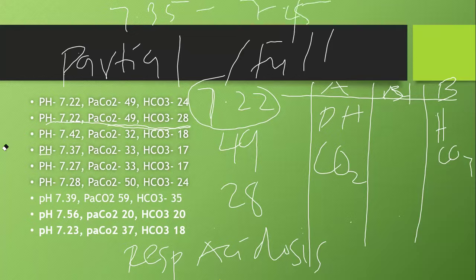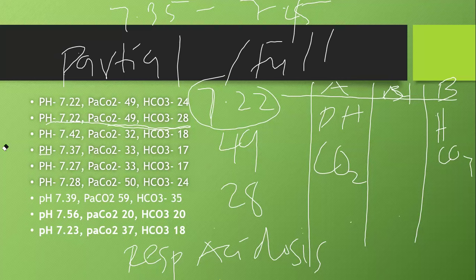The pH should fall within this range for us to say that the system is fully compensated. But if the pH is not within the normal range, it is termed partial compensation, or partially compensated. Do we understand what I'm saying?